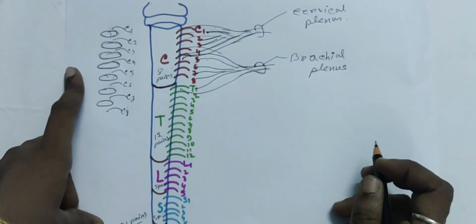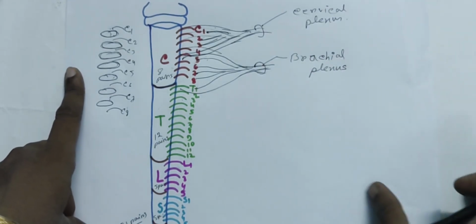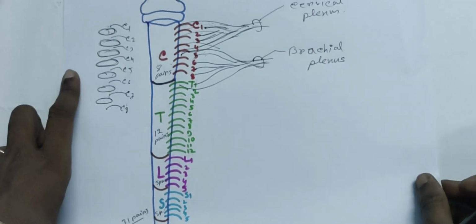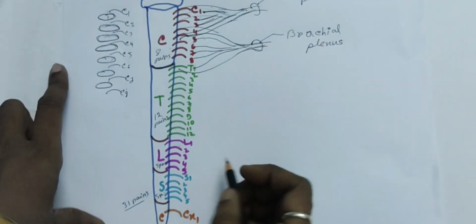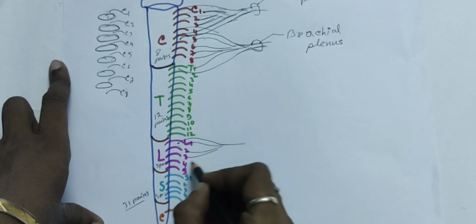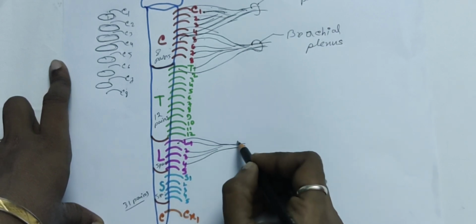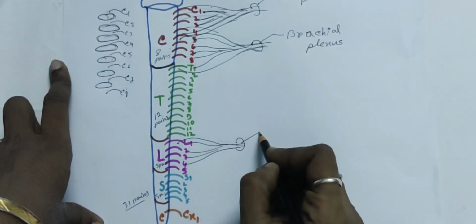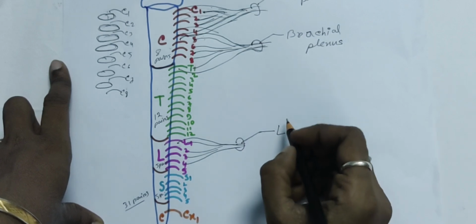Next, lumbar 1 to 4: 1, 2, 3, 4 form a bunch, a plexus called the lumbar plexus.